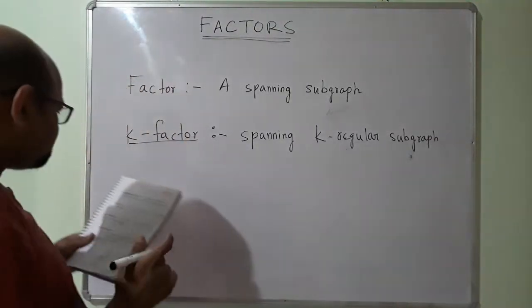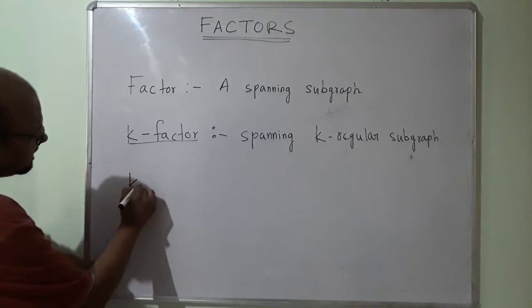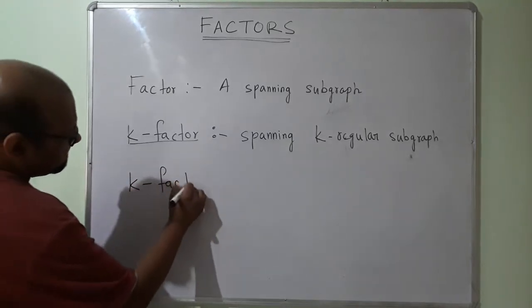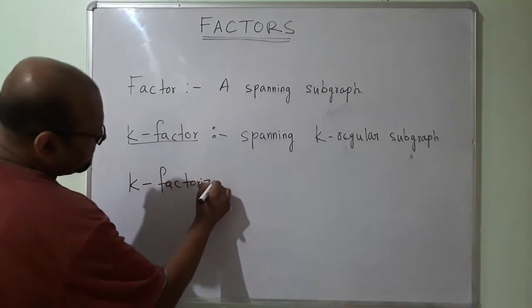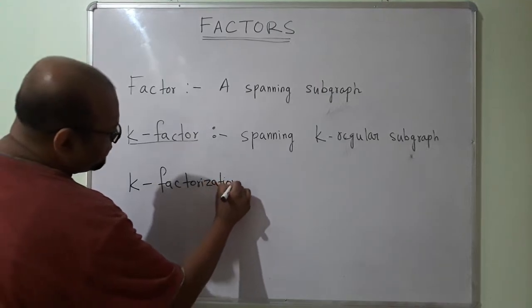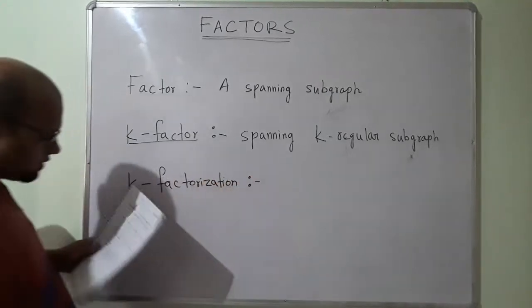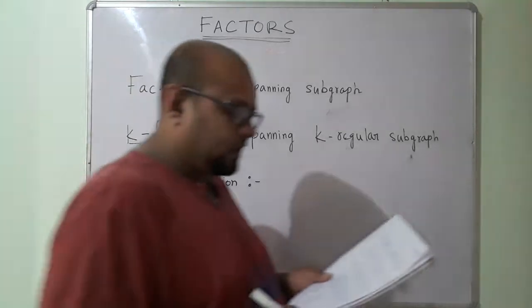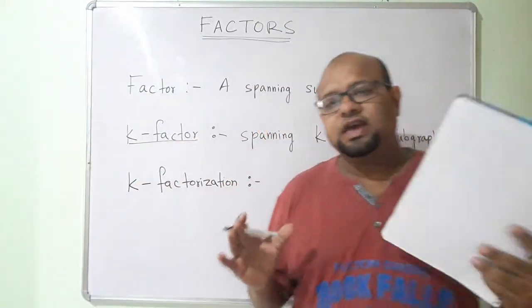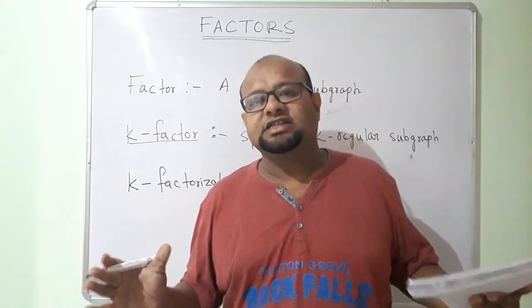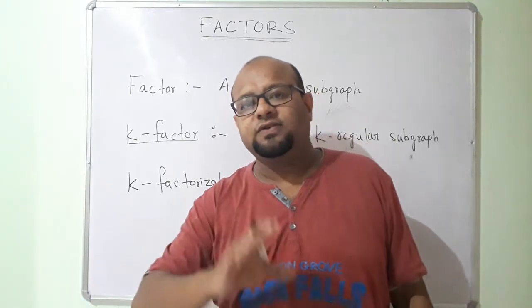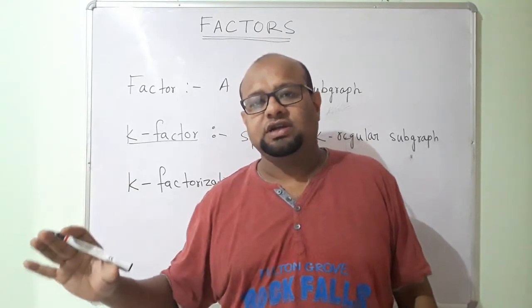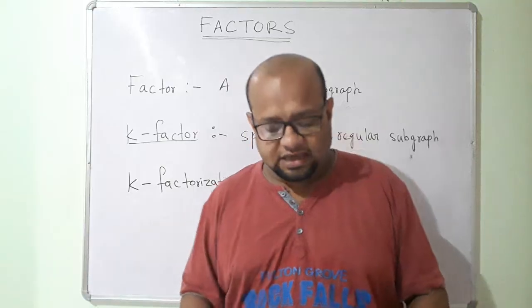Then we are ready to look at the next terminology, k factorization. If we can partition the edges of the graph into different k factors, then that graph would be k factorizable.